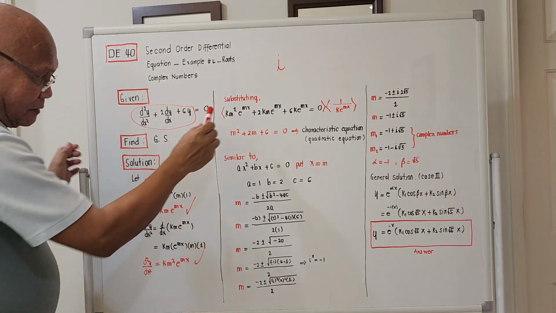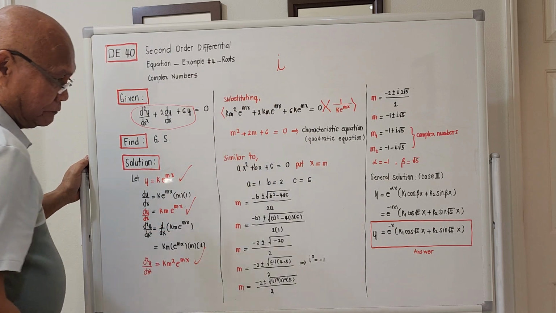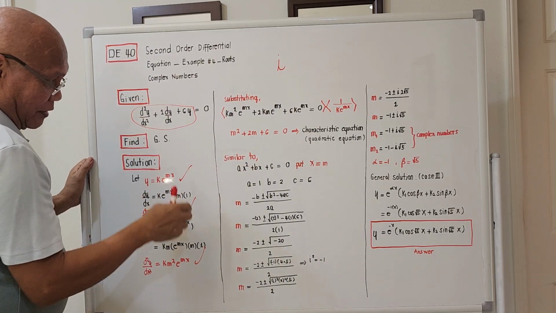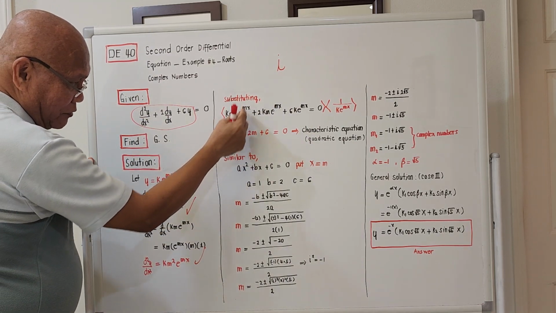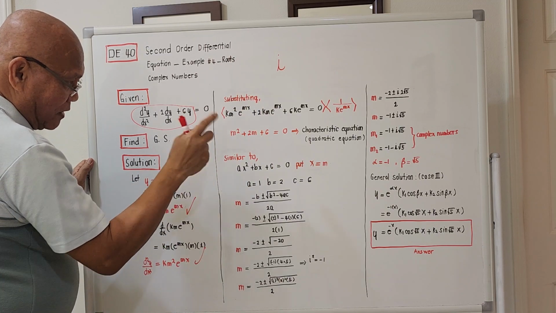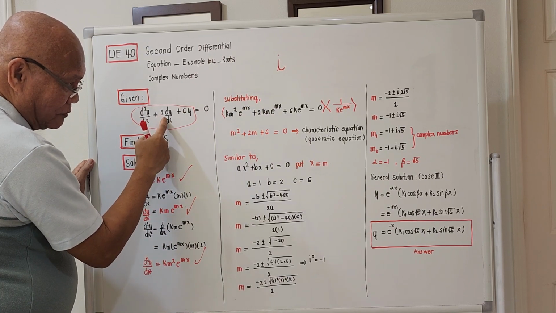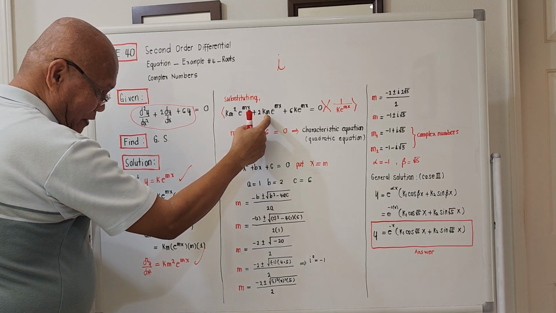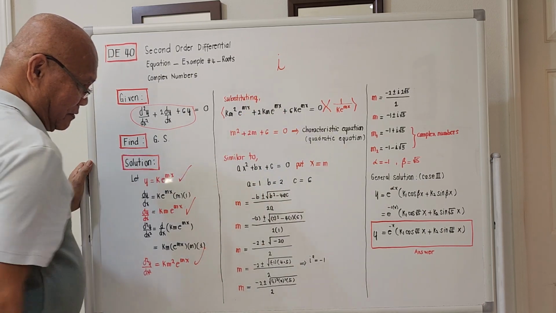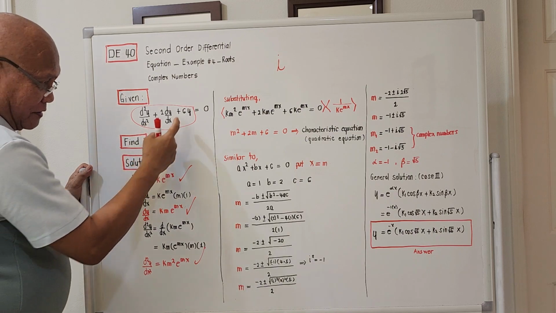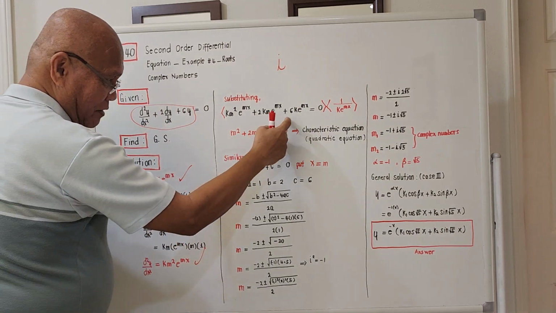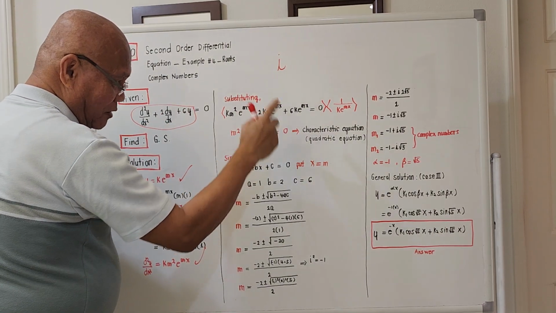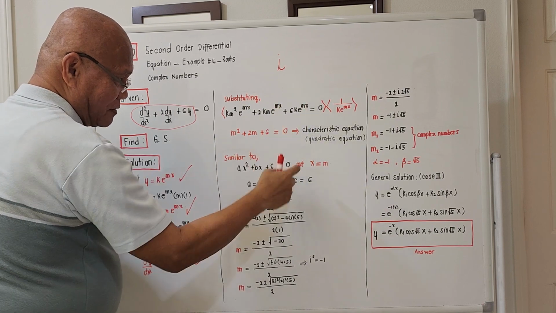Substituting, the second derivative is km squared e to the mx plus 2, the coefficient, times dy dx, which is km e to the mx. The third part is 6 times y, which is 6 times k e to the mx, equal to 0.